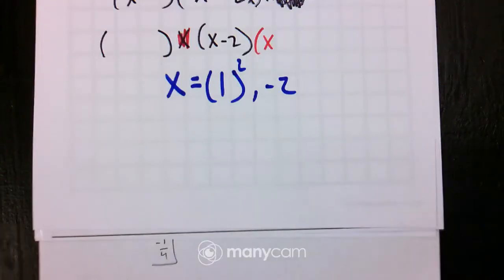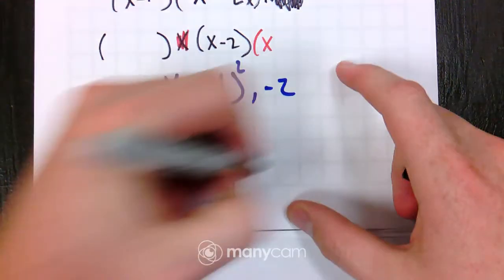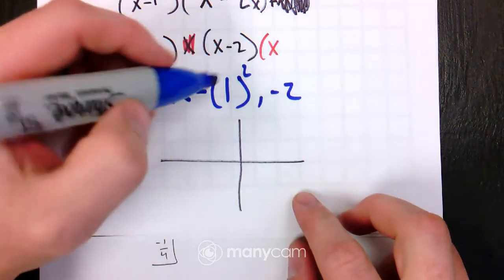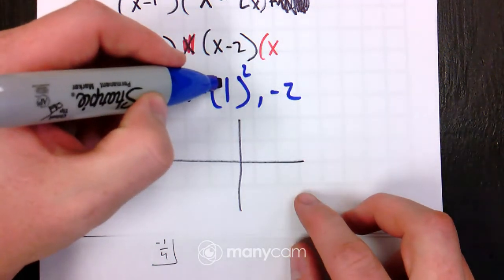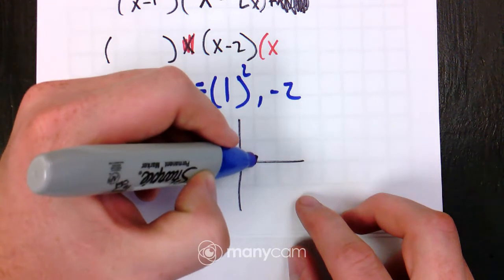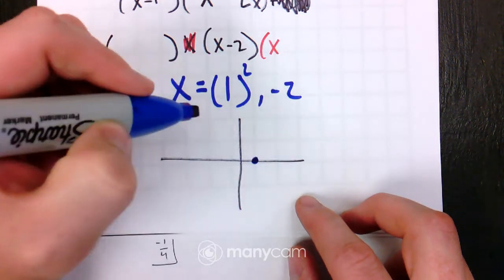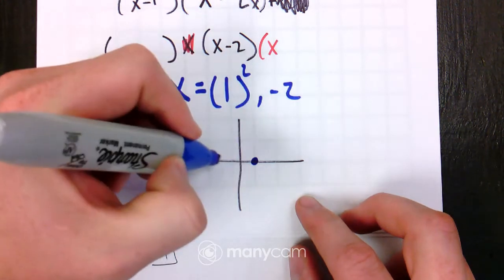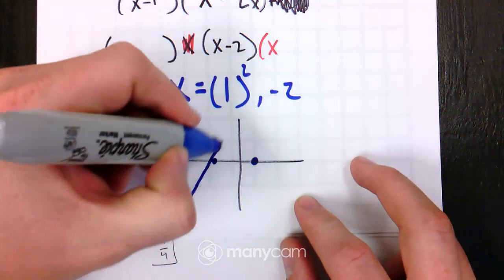Here's how I graph it. I'm sketching it. I know it's an odd degree, so I know it's going to start at the bottom. I know it's going to cross the x-axis twice. Right here. Oh no, because 1 is the same, it overlaps, and -2.